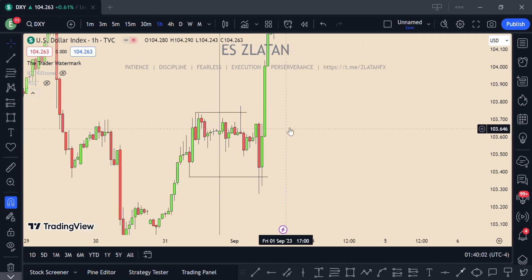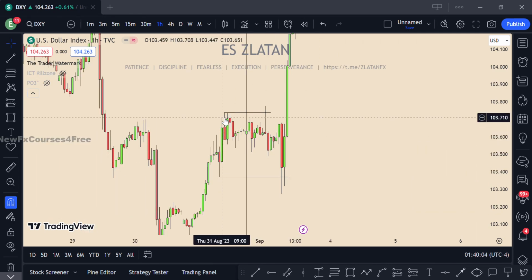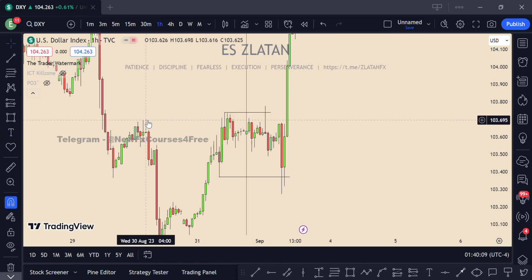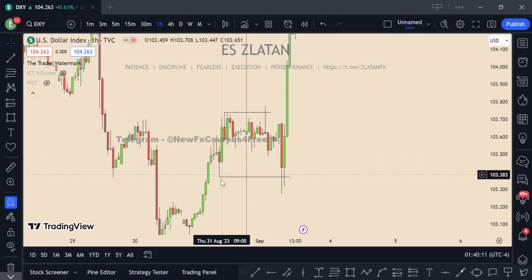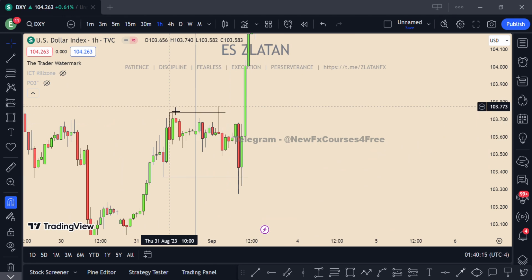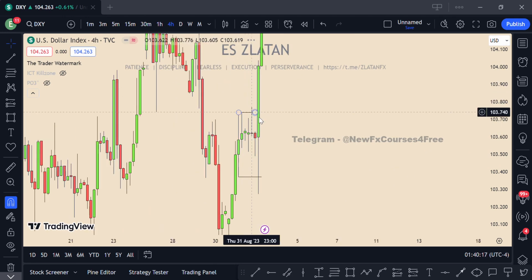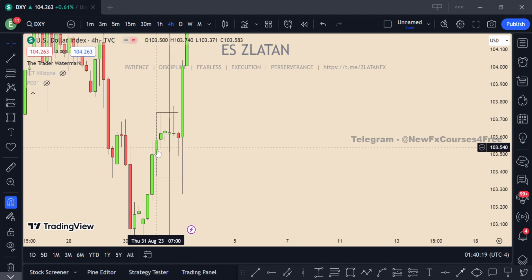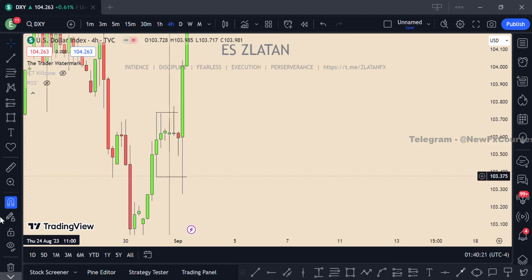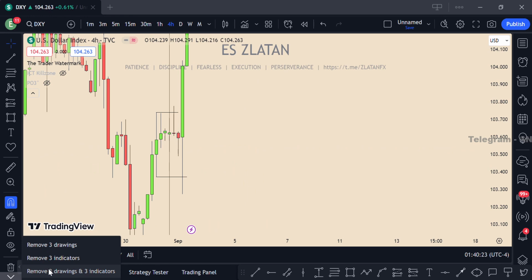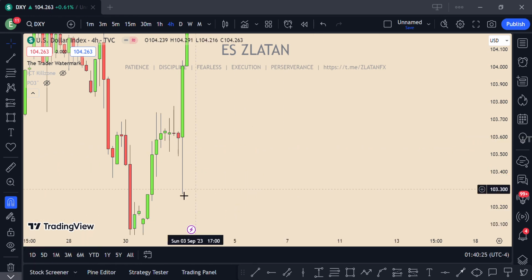I wanted you to notice how this low created this high, and this high was the high that took out this high, right? And then this low was the low that created this high. Let's look at the higher time frame and see if this is a candle. What is this, man? Let me remove it so you don't get confused.